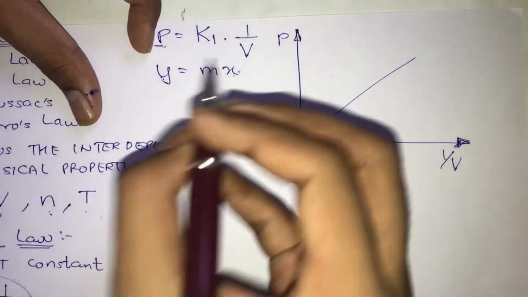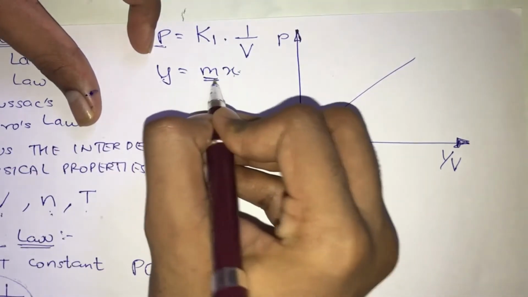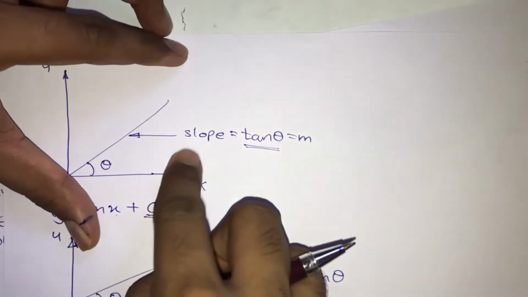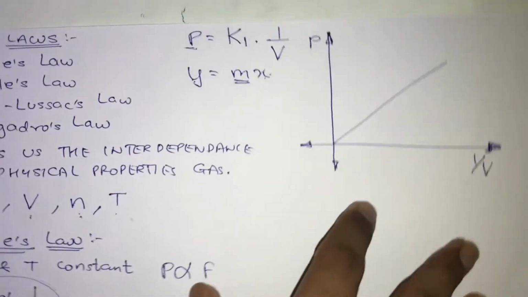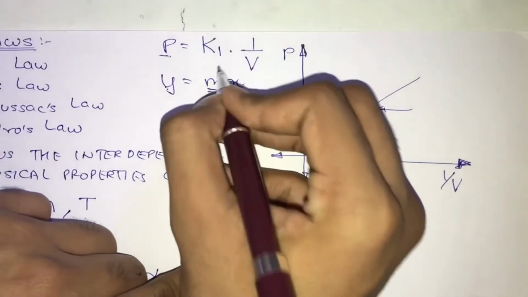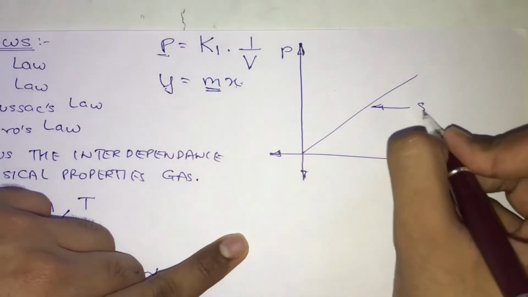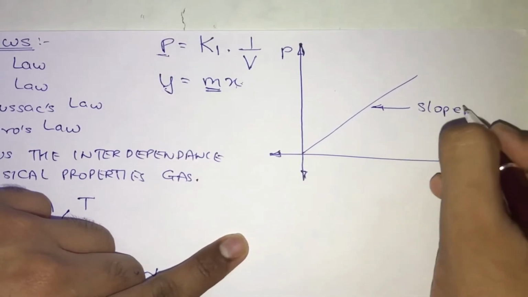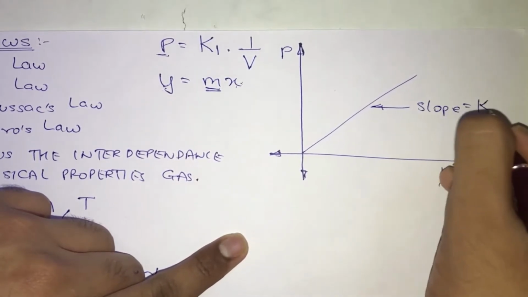Am I right? And this m, what is m? If you have forgotten, this m is nothing but the slope of this line. So similarly, the slope of this line is nothing but k1. So slope is equal to k1.